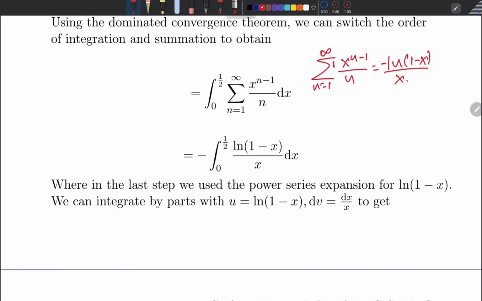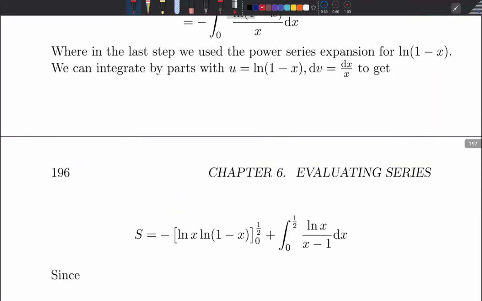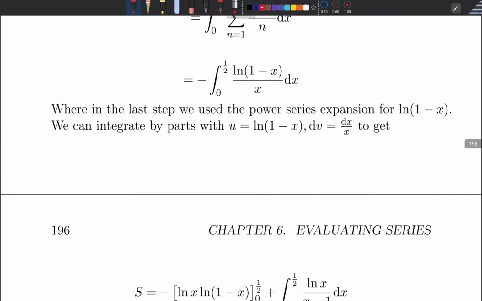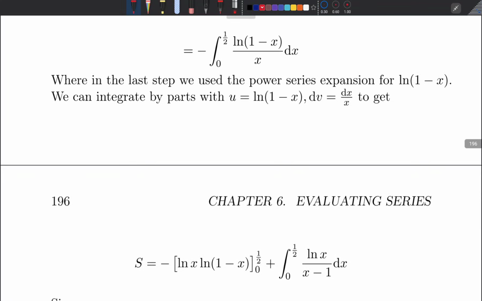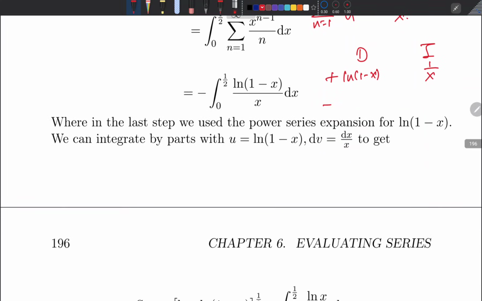Yeah, we have studied it previously in this video, and now it's pretty easy to talk about this integral. I think it's a better way to go with the DI method, right? You have to take the derivative of natural logarithm of 1 minus x and integrate 1 over x.